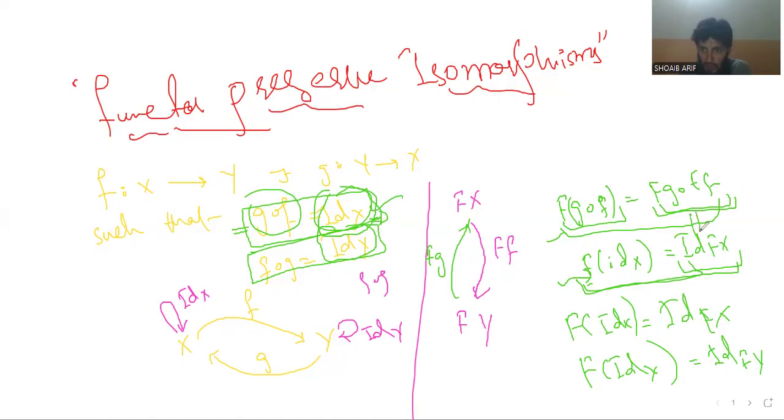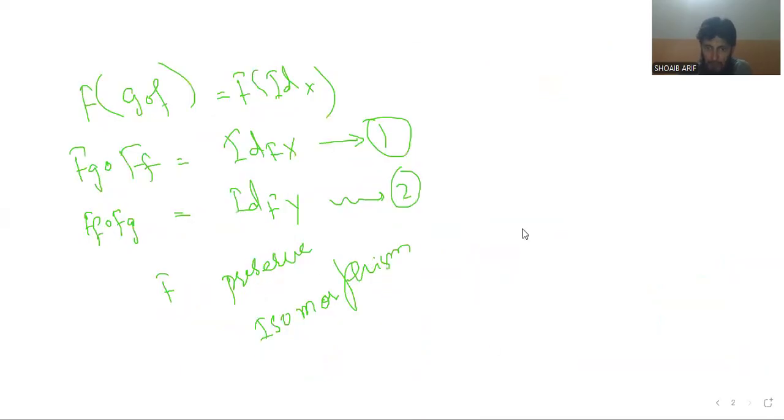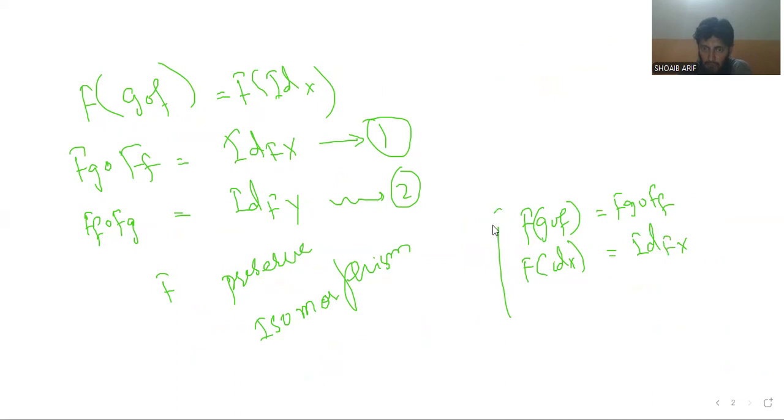So this should be equal. Wait a minute, F of g composed with F of f is equal to F of g composed with F of f by definition of functor, and F of id on X is equal to id on F of X according to the definition of functor.